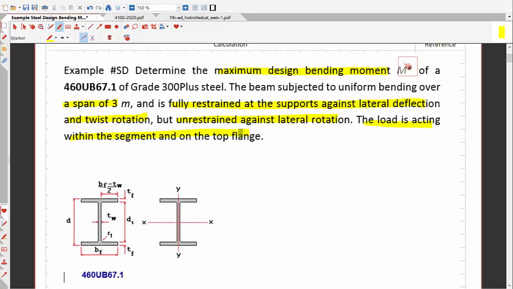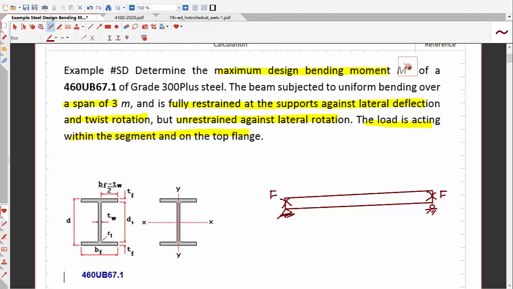So if we look into this beam, it is a simply supported universal beam section, and it is loaded on the top, and we need to find out what is the design bending moment capacity. What is given is that both the ends are fully restrained, so it is FF at both ends, and there is no restraining in the middle.